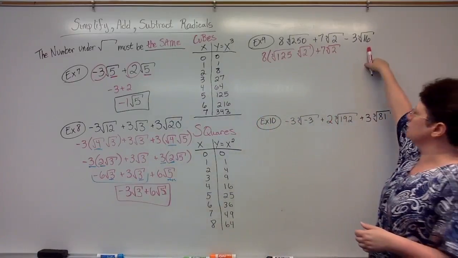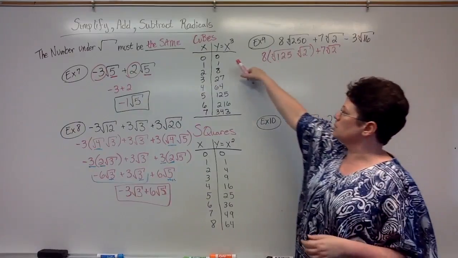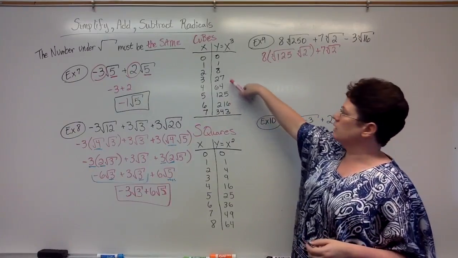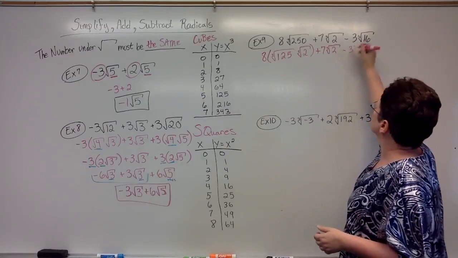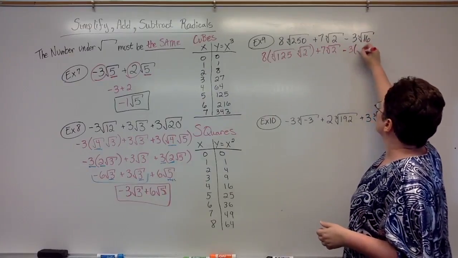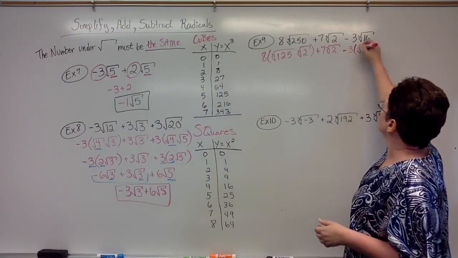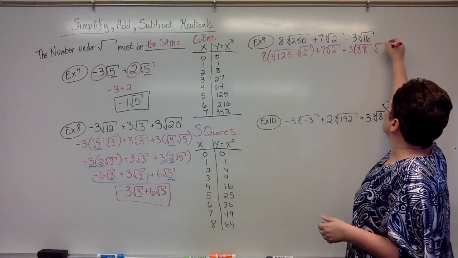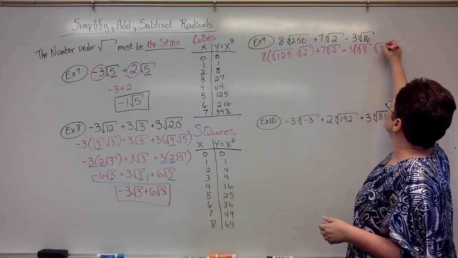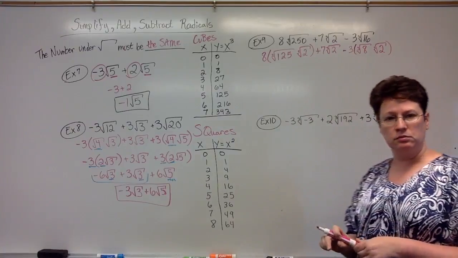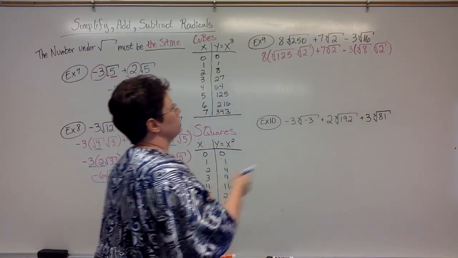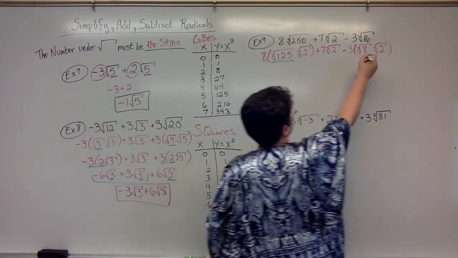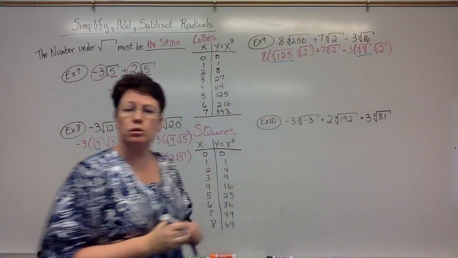Now what about 16? What is 16 divisible by? Well, it's not going to be any of the big numbers, right? 8. So we're going to write this as the cube root of 8. And then how many times will 8 go into 16? Twice. Okay, so now if you'll notice, you have 2 things that you can actually take the cube roots of.